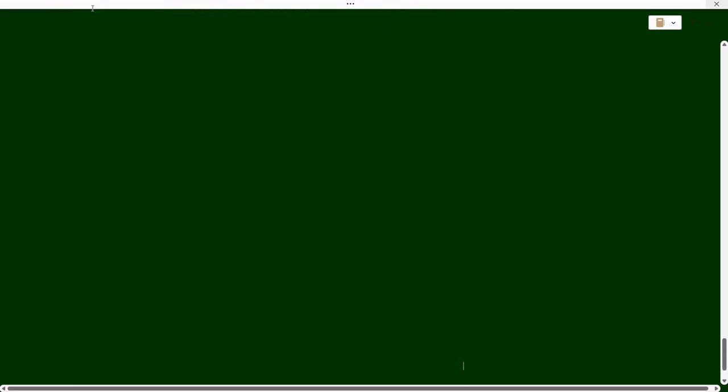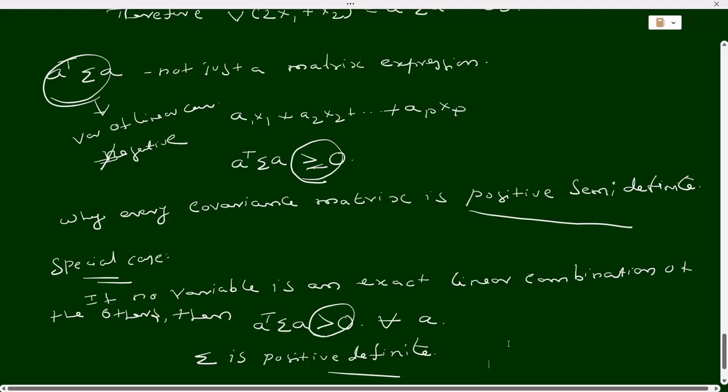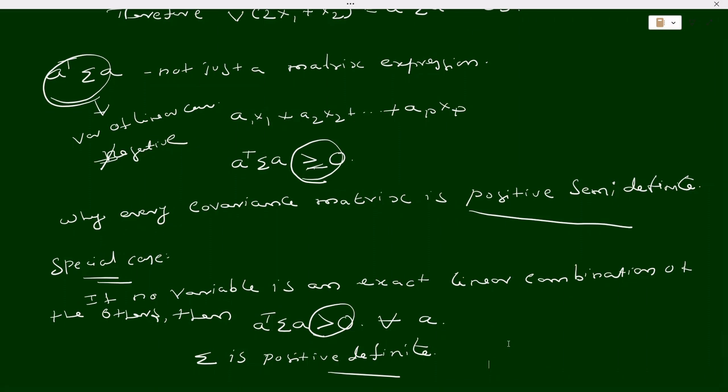So this proof is the most important thing for the derivation of the probability density function of the multivariate normal. In the next video we will derive the probability density function of the multivariate normal distribution.